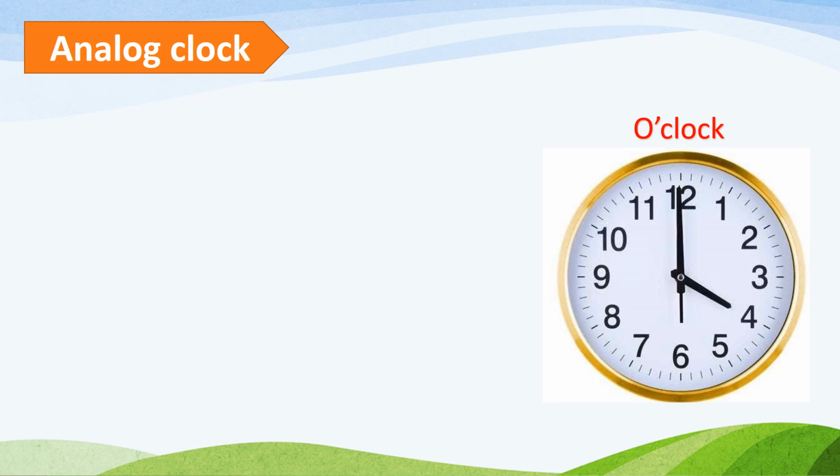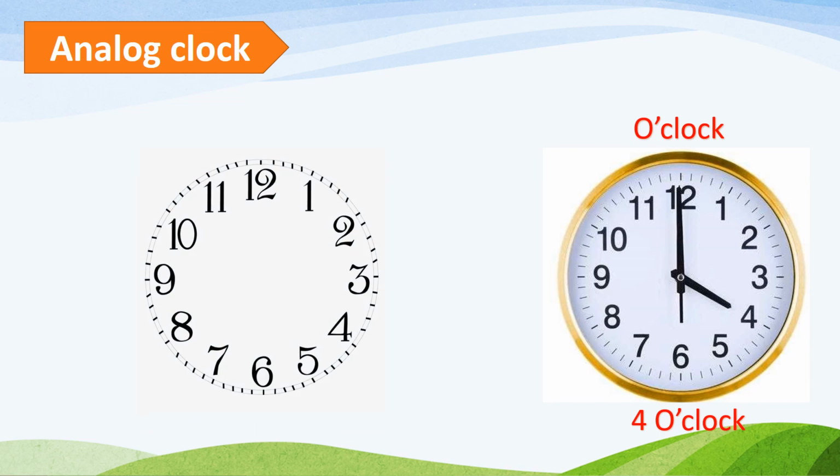Now, let's move to analog clock. You studied in grade 1 that the analog clock has 2 hands, short hand for hours and long hand for minutes. And you studied that when the long hand on 12, it tells me o'clock. Then the time is 4 o'clock.